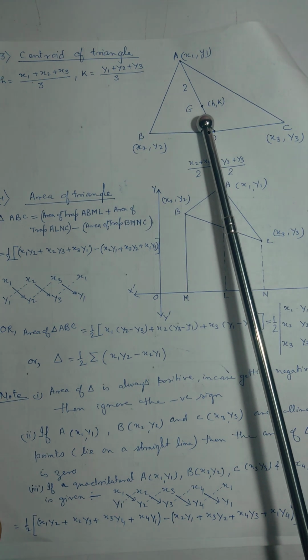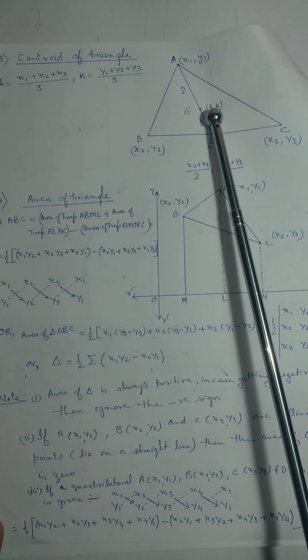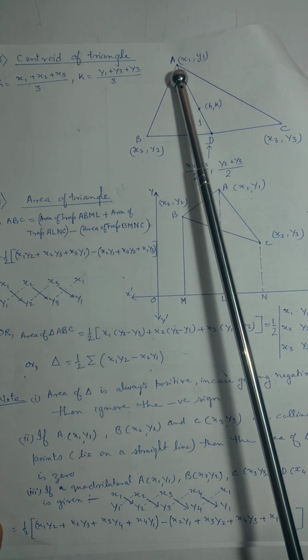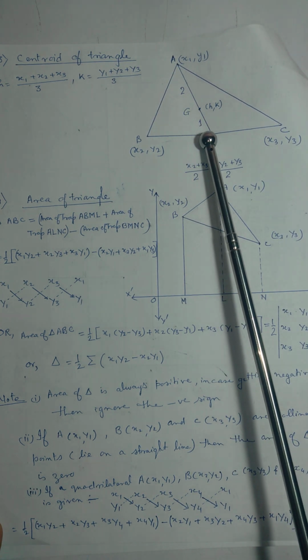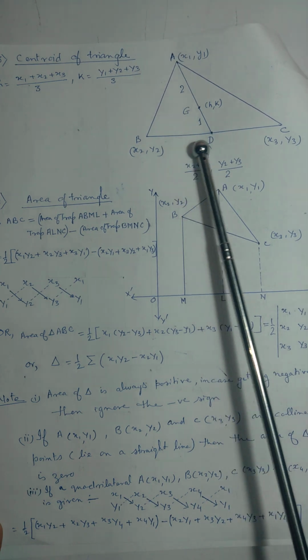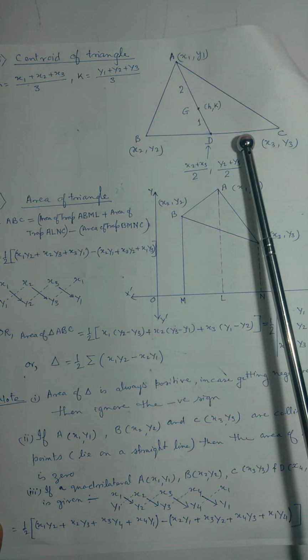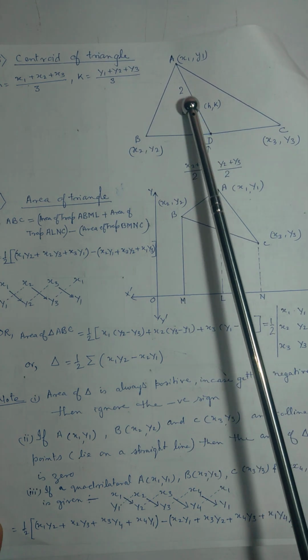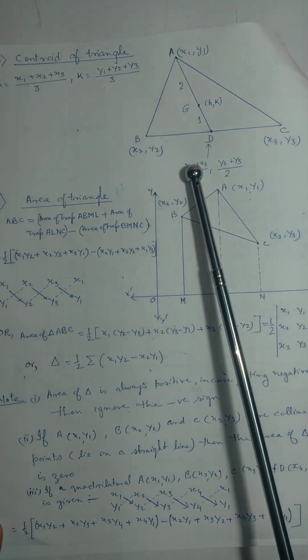Now the centroid divides the median in a 2:1 ratio, meaning 2 towards the vertex part and 1 towards the side whose midpoint has been joined with the vertex.